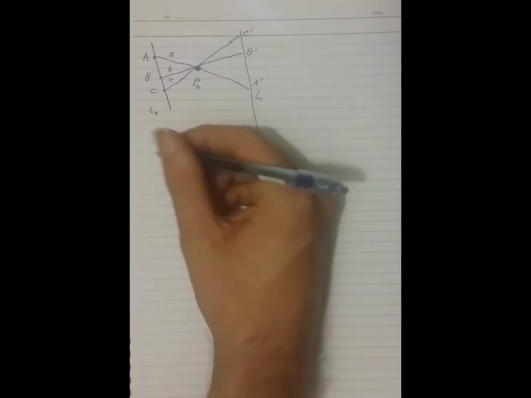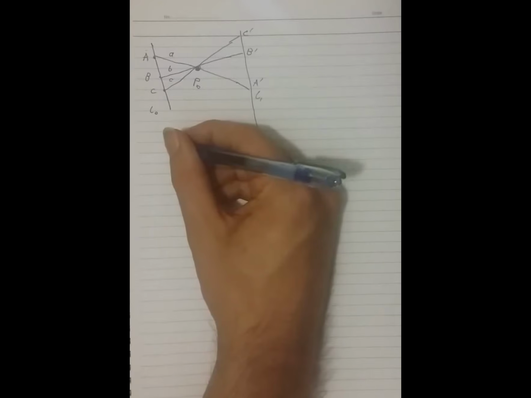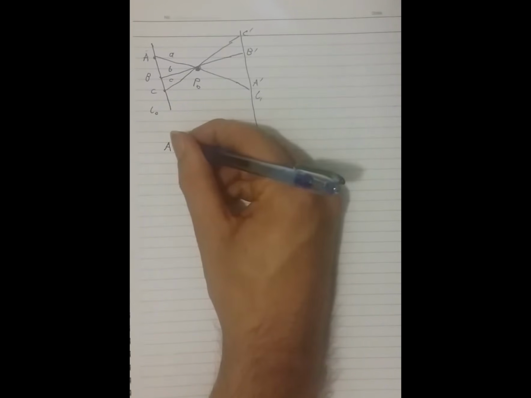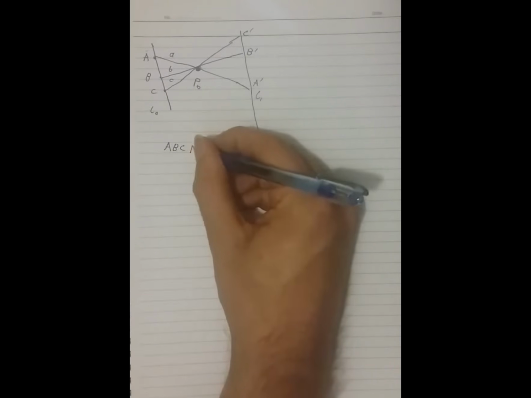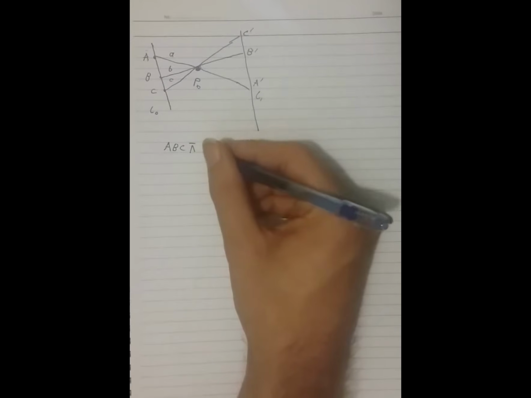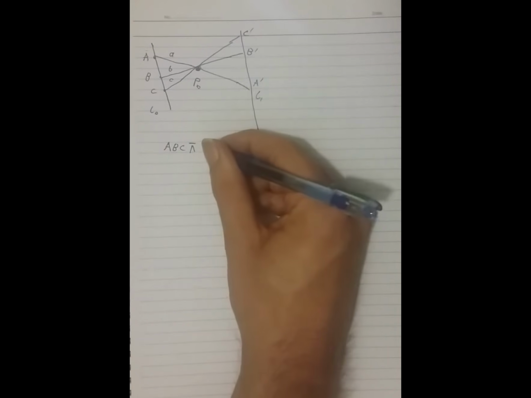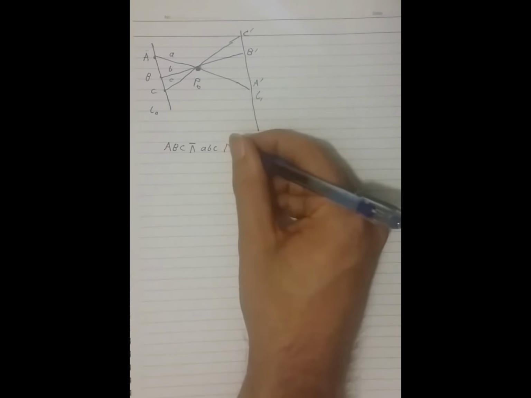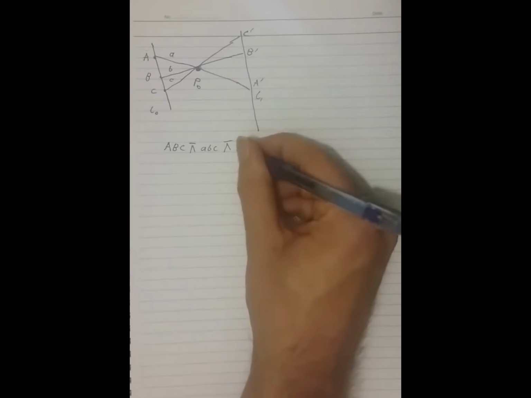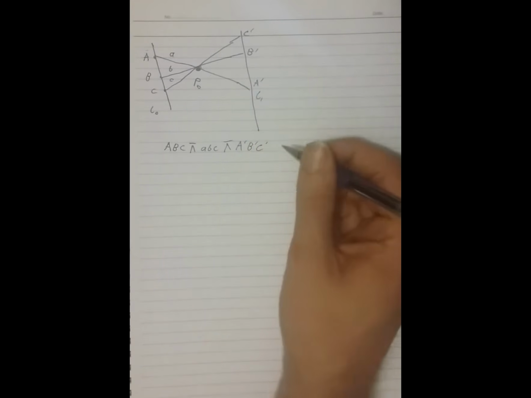So we could naturally write this kind of idea as something along the lines of ABC is projected to little a, little b, little c, which is projected to A dash, B dash, C dash.